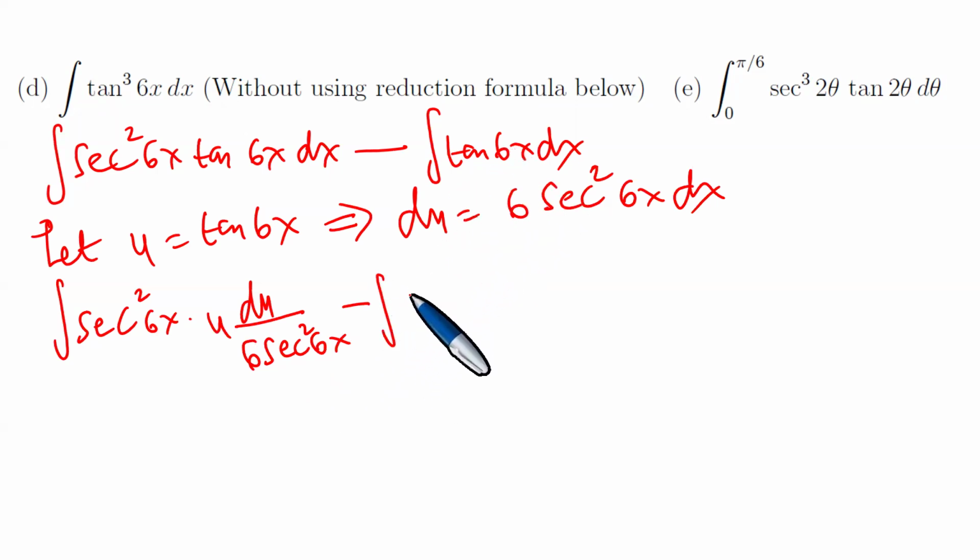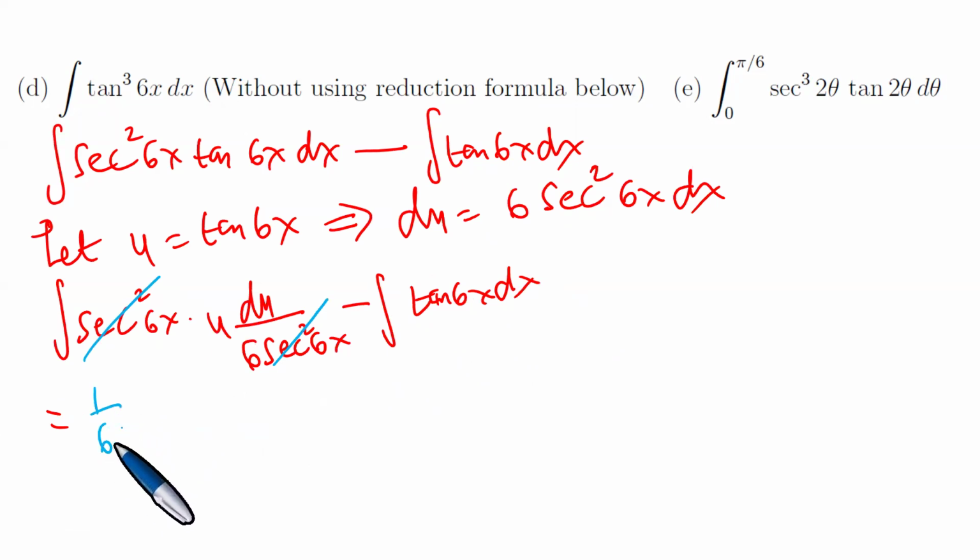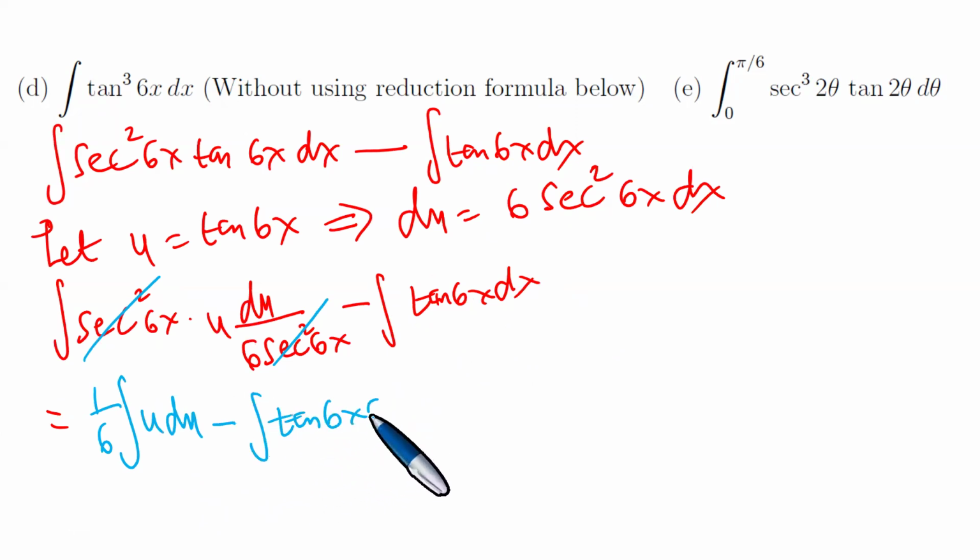Okay, this one is the tangent of 6x dx. Right, now when you check carefully, these secants cancel, and then you have the 1 over 6 times the integral of u du minus the integral of the tangent of 6x dx.